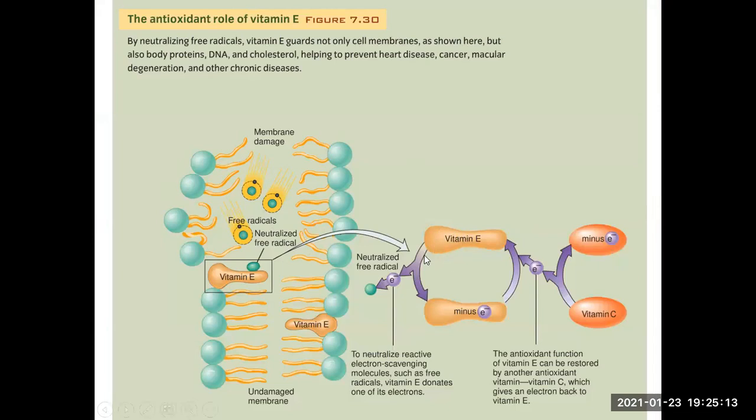The most important neutralizing agents are vitamin E and vitamin C. Vitamin E will give an electron and this will neutralize the free radicals. Okay, and then vitamin C can give an electron to reactivate vitamin E again. Vitamin C will reactivate itself later on by taking an electron from another vitamin C.